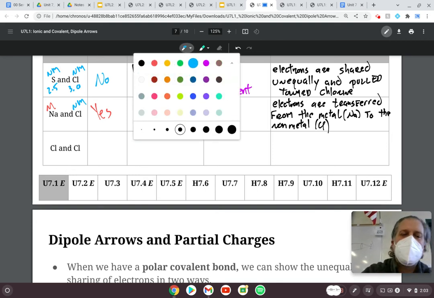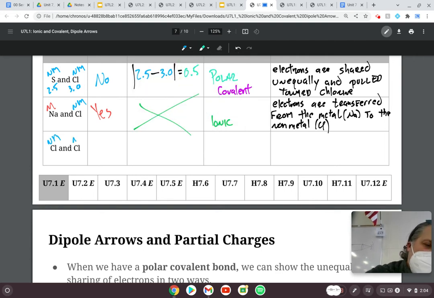Our last example here, we have chlorine and chlorine. Chlorine is in the 17th column, so it makes it a nonmetal on both parts. And chlorine's electronegativity, according to my periodic table, is 3.0. There happens to be no metal present, so I'm going to go ahead and calculate my electronegativity difference.